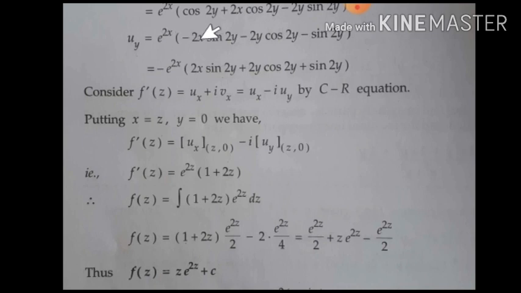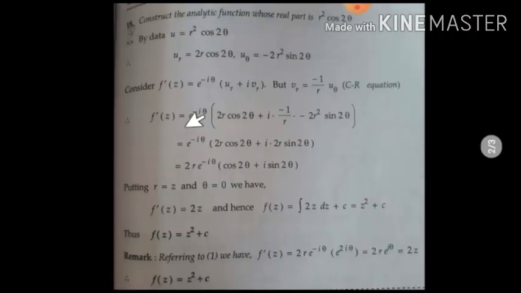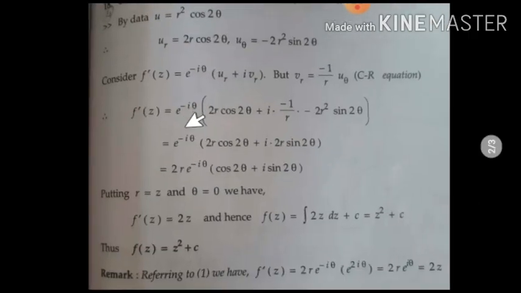So using the CR equation we need to convert it all in terms of v, then using the Milne-Thomson method, put x equal to z, y equal to 0, and convert everything in terms of z. So either the real part or the imaginary part may be given. The same type of construction of an analytic function applies if the polar form of the equation is given.